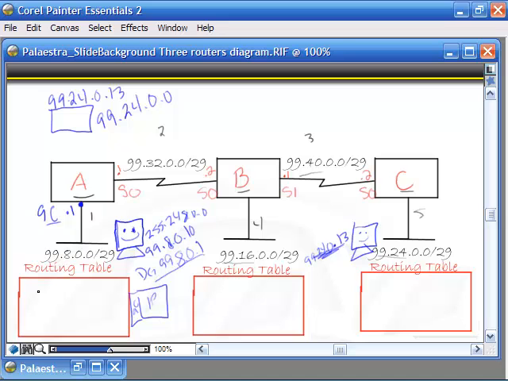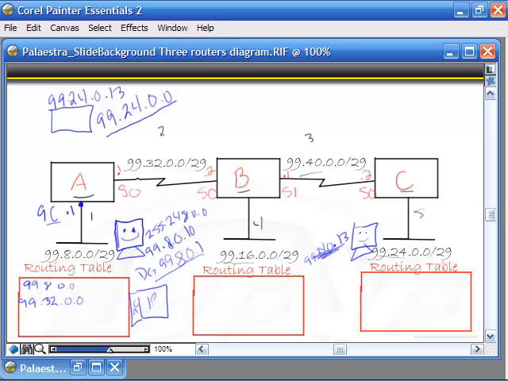Uh-oh, my routing table is not populated. I don't see how I can possibly get to 99.24.0.0. My routing table is not telling me anything. Actually, there would be a couple of things in the routing table. His directly connected routes would be in the routing table.